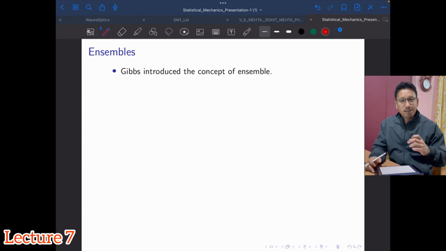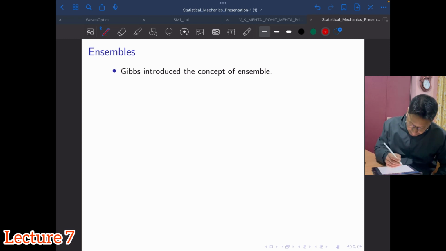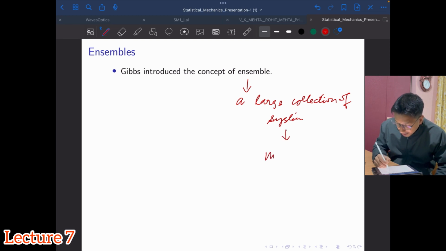So an ensemble is a large collection of systems which are macroscopically identical.